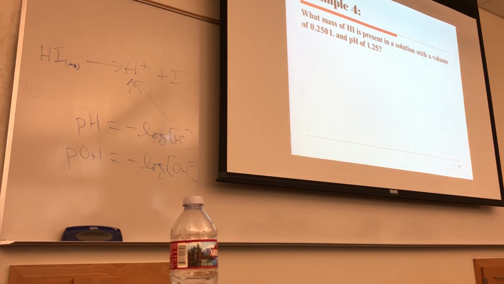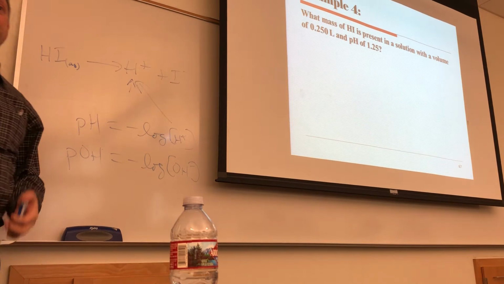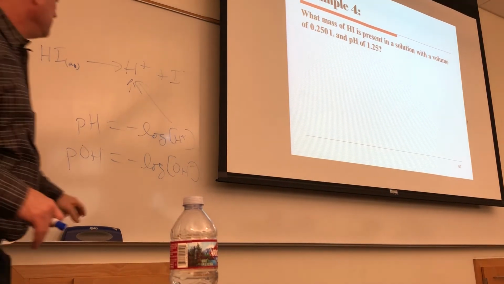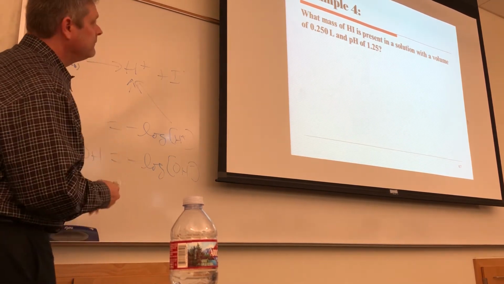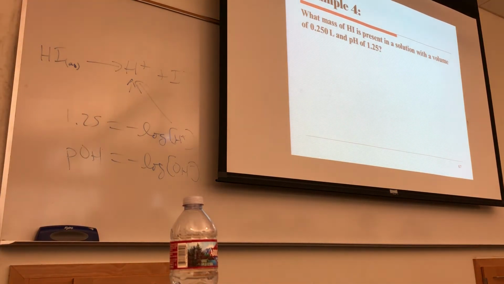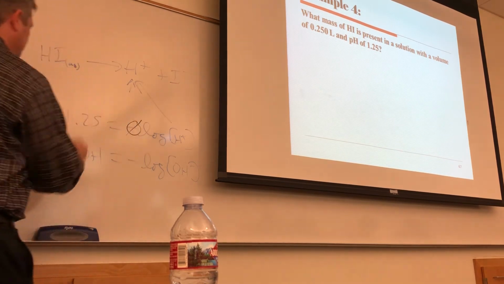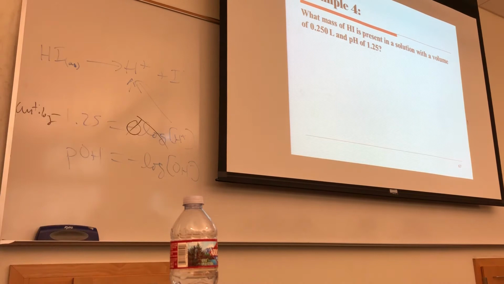But I must know this and how to get this from it. So you would just put 1.25 for pH equal to the negative log, and then do 10 to the negative. Absolutely. Okay, and then convert. That's exactly right.